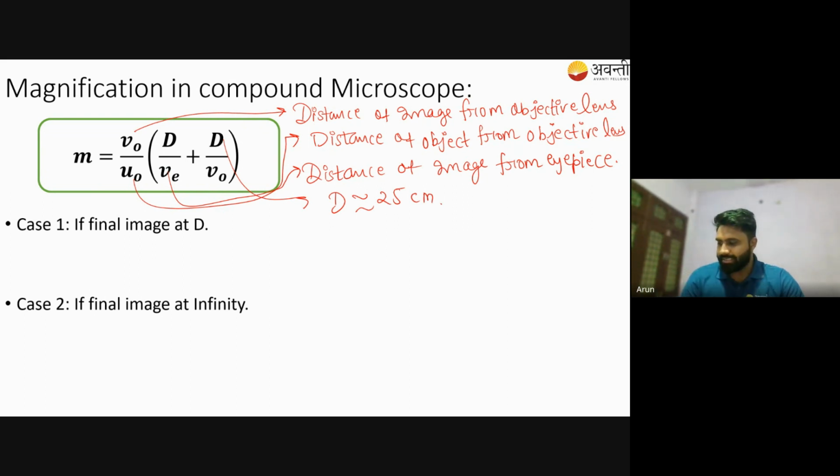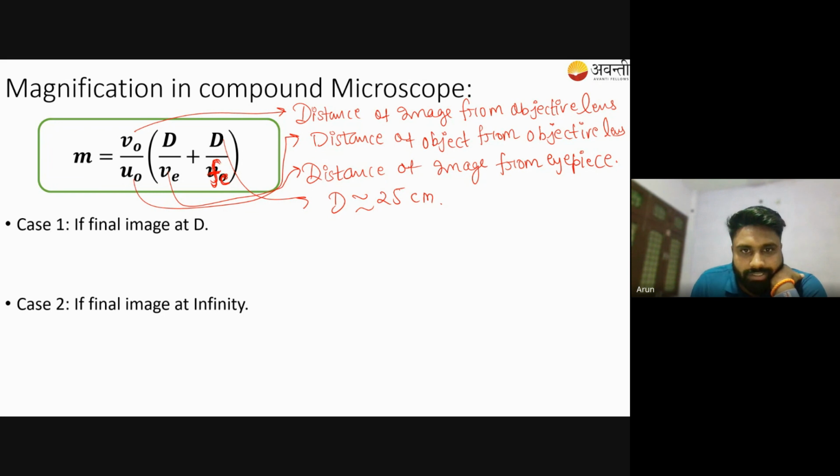Now in the first case, what you will have is D upon VO. Okay, one mistake is there. This is not VO, this is FE.